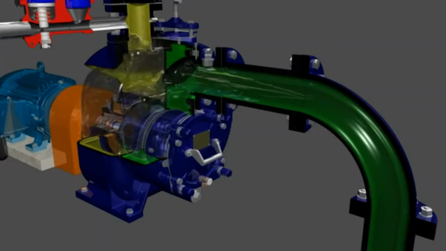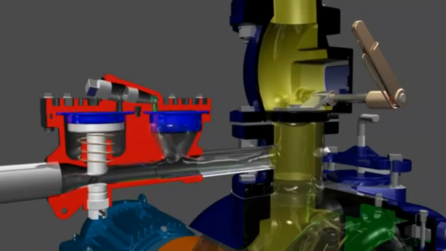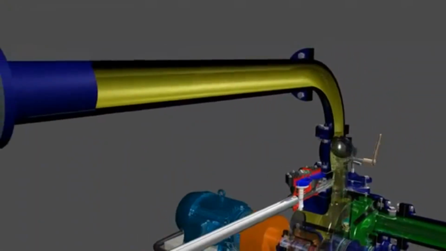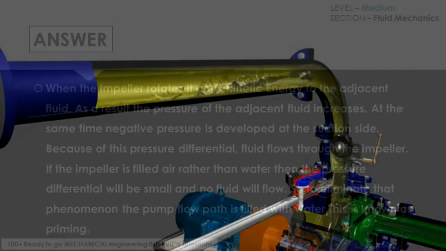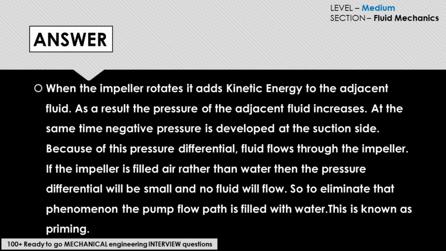If the impeller is filled with air rather than water, then the pressure differential will be small and no fluid will flow. So to eliminate this particular phenomenon, the pump flow path is filled with water, and this process is known as priming.